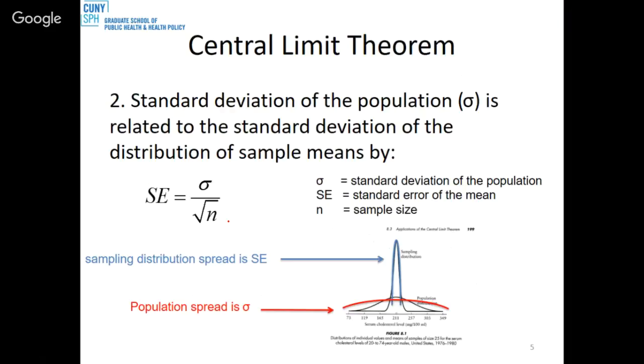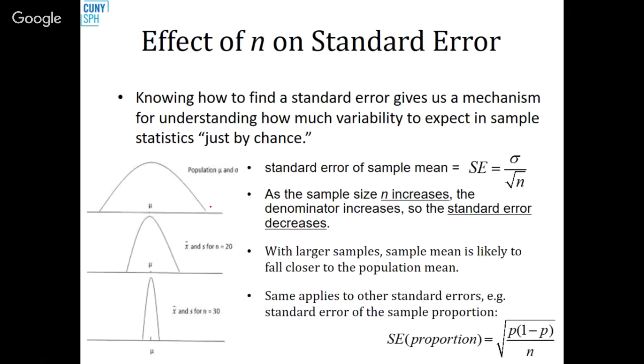So that tells us that the standard error of the sampling distribution is less, and it's less by a factor of 1 over square root of n. So for different values of n, as n increases, this variability of the sampling distribution gets smaller and smaller.